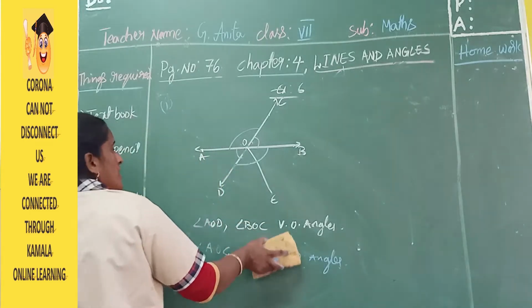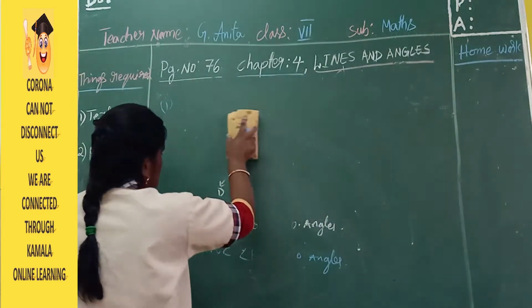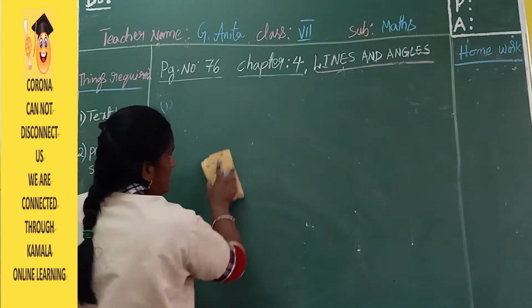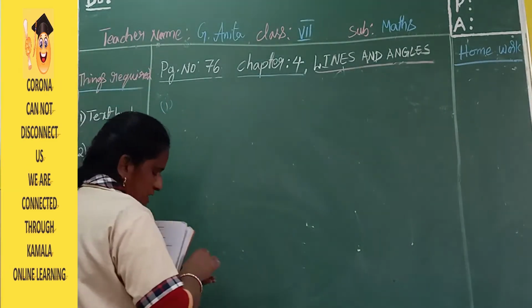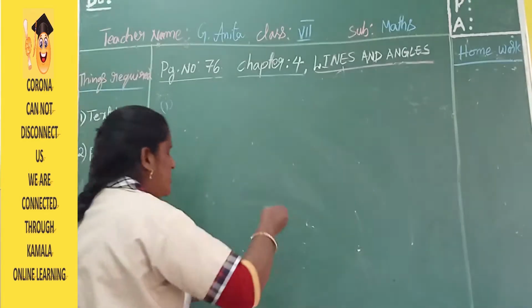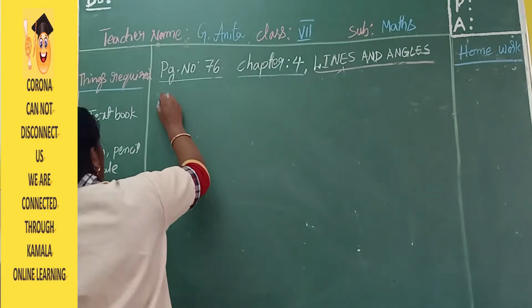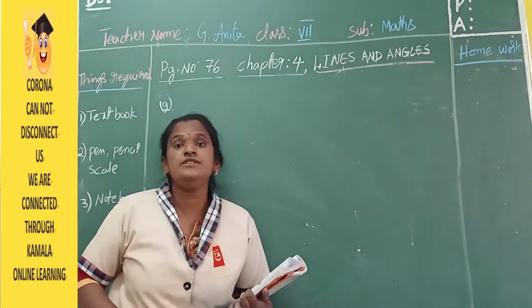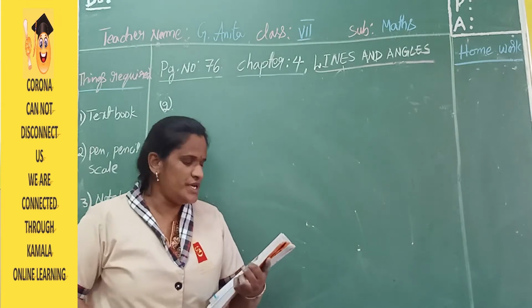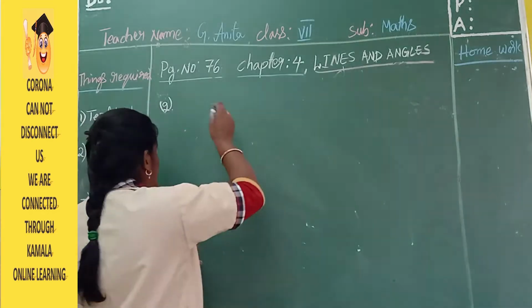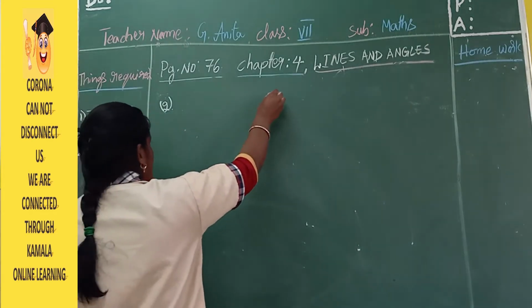How can you find them? So simple. It depends on the vertically opposite angle definition only. What is the meaning of vertically opposite angles? They have a common vertex and are opposite to each other. So simple. That definition is most important.